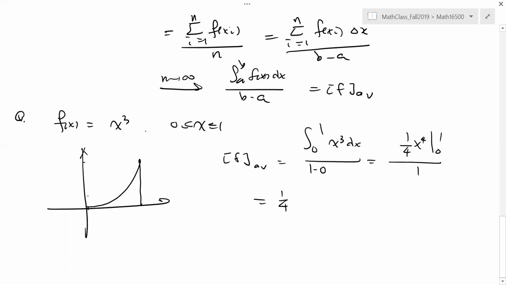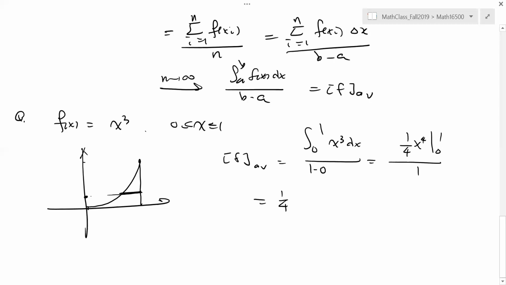So the average value is only 1/4, even though somewhere the value of the function is almost 1. But the majority of the graph is below the line y equals 1/4.